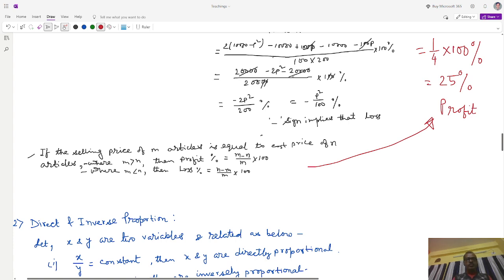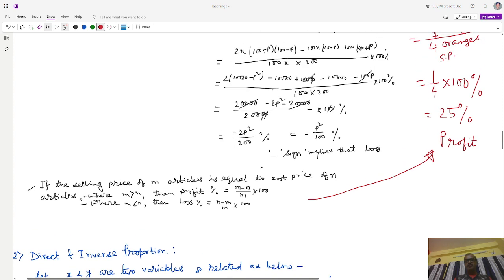If the selling price of M articles is equal to the cost price of N articles, where M is greater than N, then profit percentage equals M minus N divided by M into 100.